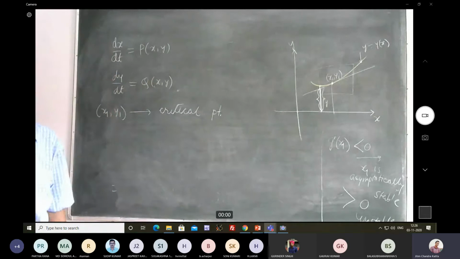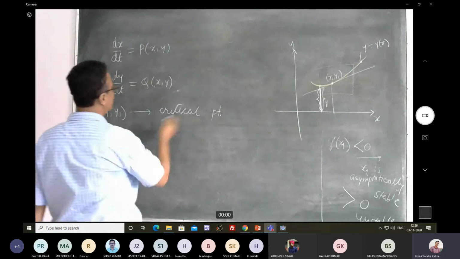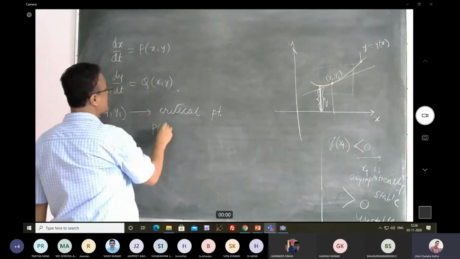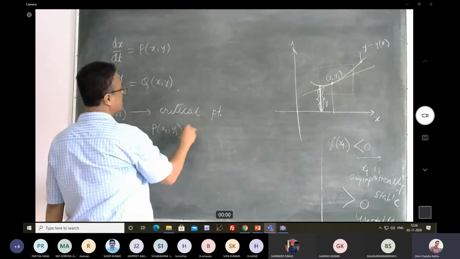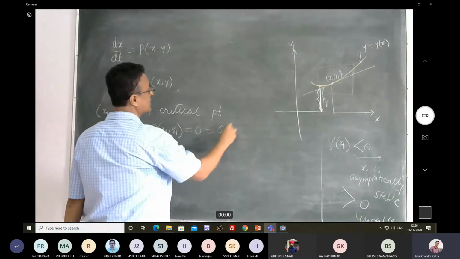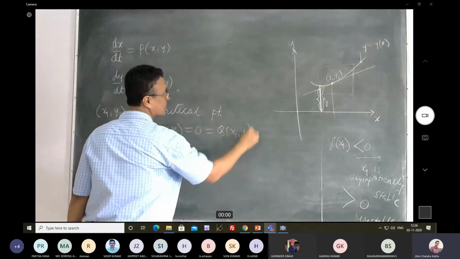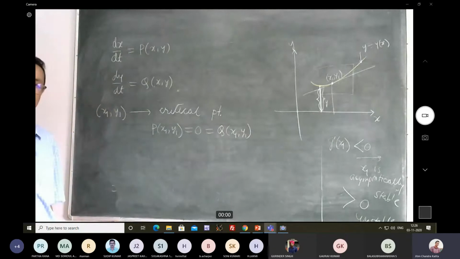What does it mean? That means P(x1, y1) is equal to 0, and similarly Q(x1, y1) is 0.